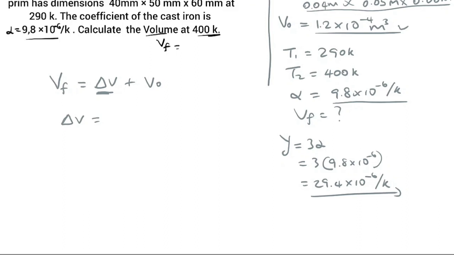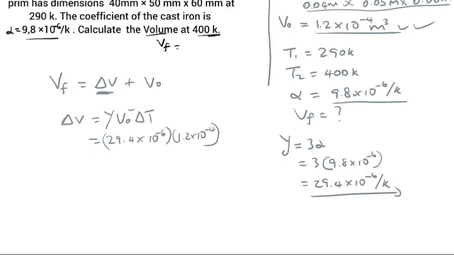The formula is: change in volume is equal to the volume expansion coefficient times the initial volume times the change in temperature. The initial volume that we got here is 1.2 times 10 to exponent -4.